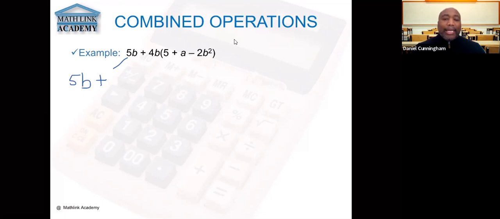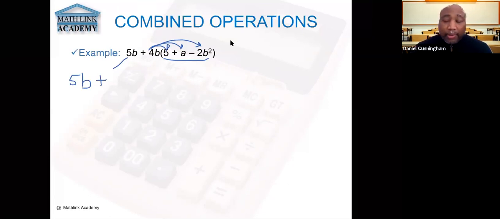Now we have 4b times this expression that has 3 terms. So what do you think we're going to do with that 4b to multiply times that expression? That's right. We're actually going to distribute from here, here, and here with our 4b. So go ahead and do that. Let's do that together.